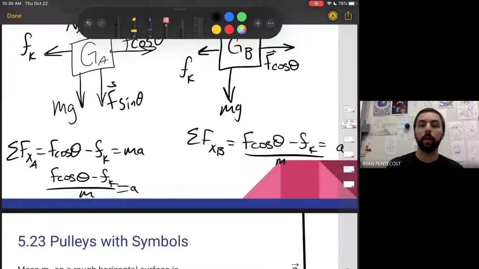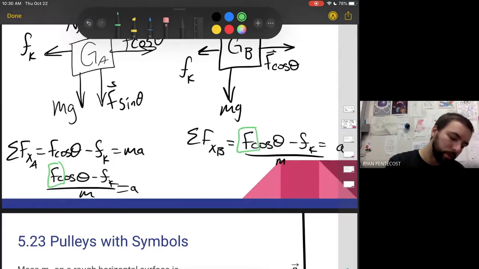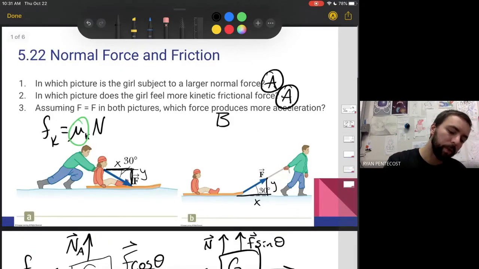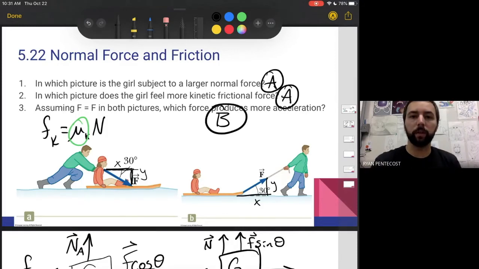So the equation is going to come out to be the same, assuming the F is constant, also assuming that the m is constant. It is the same person. The only thing that's different here is the friction, and the friction is stronger on part A than it is in part B. So that means that you have a stronger negative force in part A that gives you a stronger acceleration in part B. So part B, that force would produce a greater acceleration.